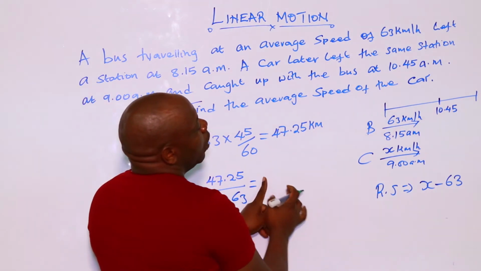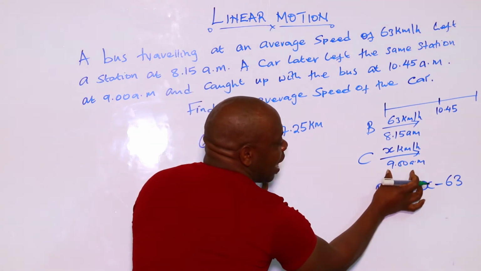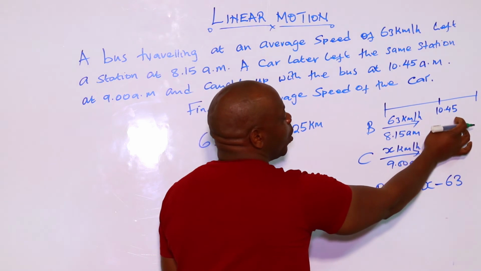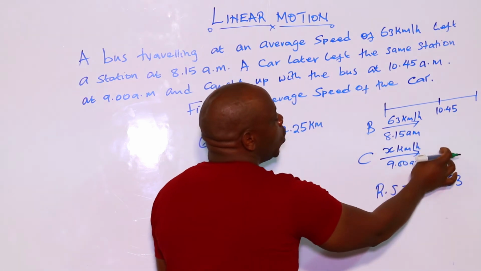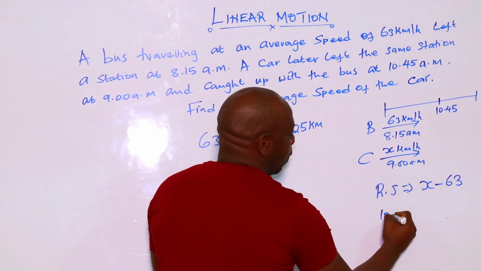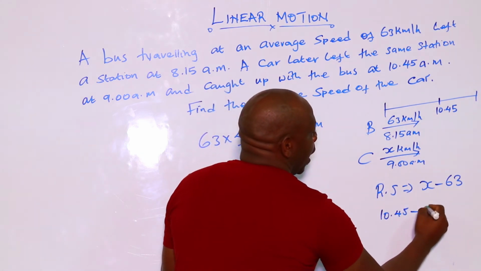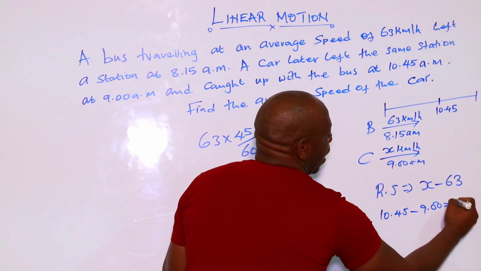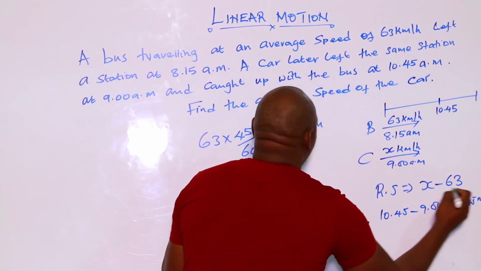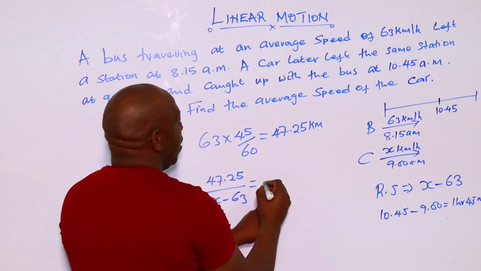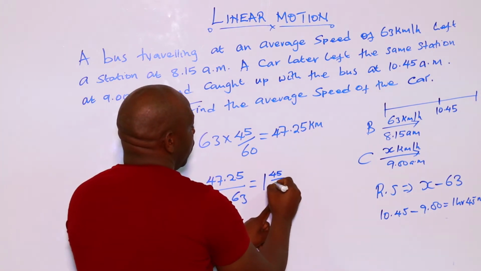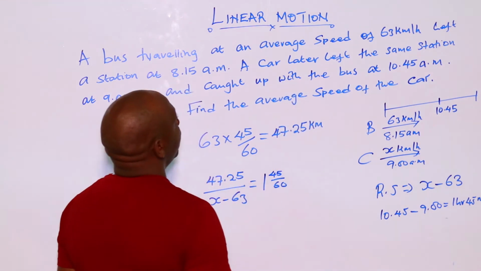But time, if the car started at 9 and it overtook the bus at 10:45, then it took the difference of 10:45 and 9, which is 1 hour 45 minutes. So the time here is 1 hour 45 over 60.